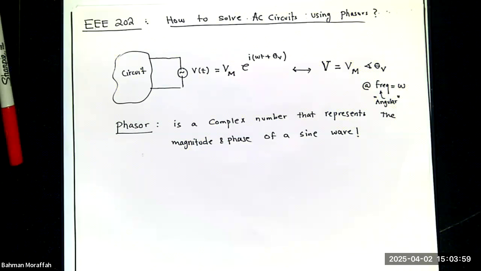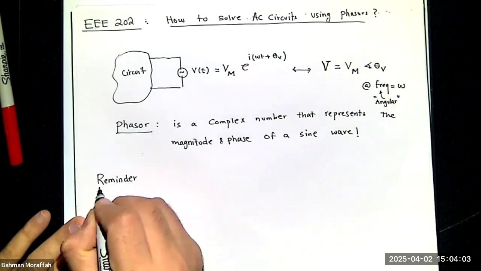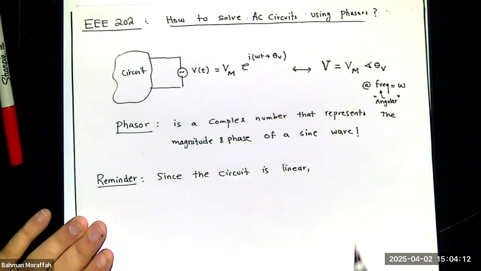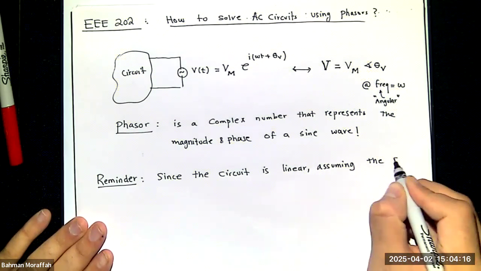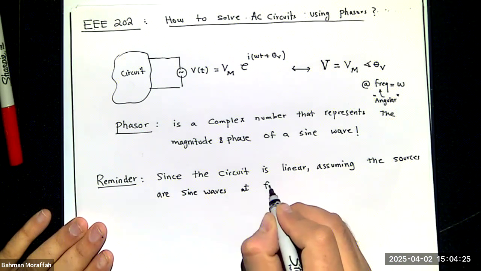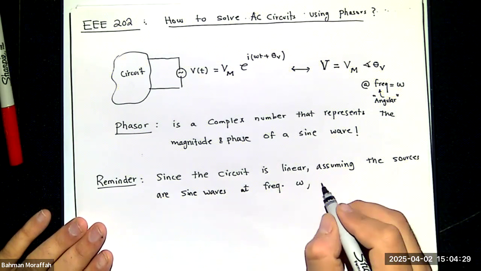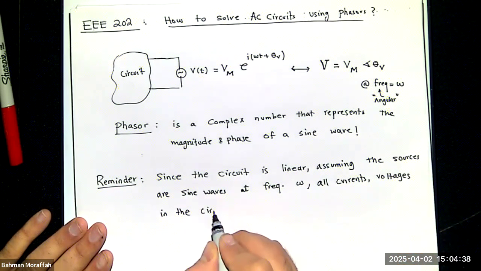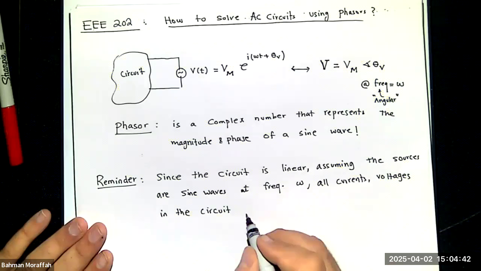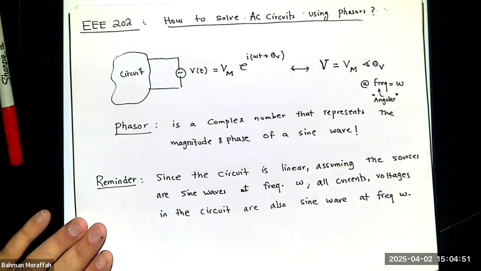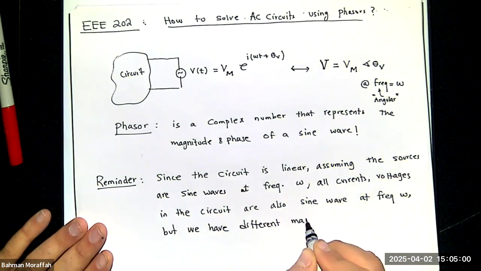Let me quickly remind you. Reminder: since the circuit is linear, assuming the sources are sine waves at frequency omega, all currents and voltages in the circuit are also sine waves at frequency omega, but we have different magnitudes and phases.